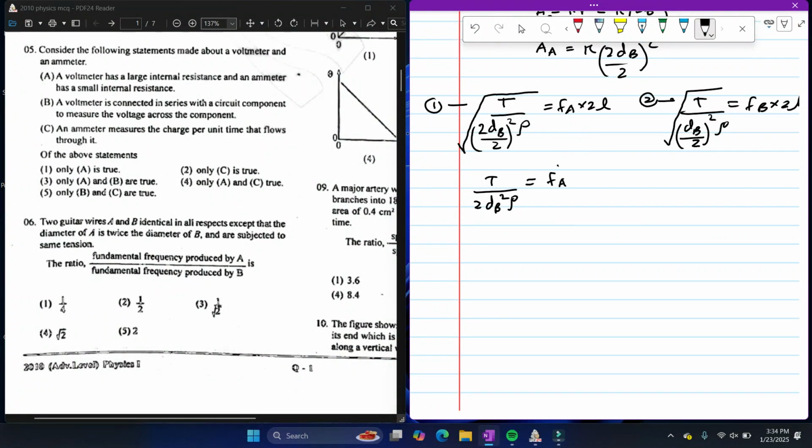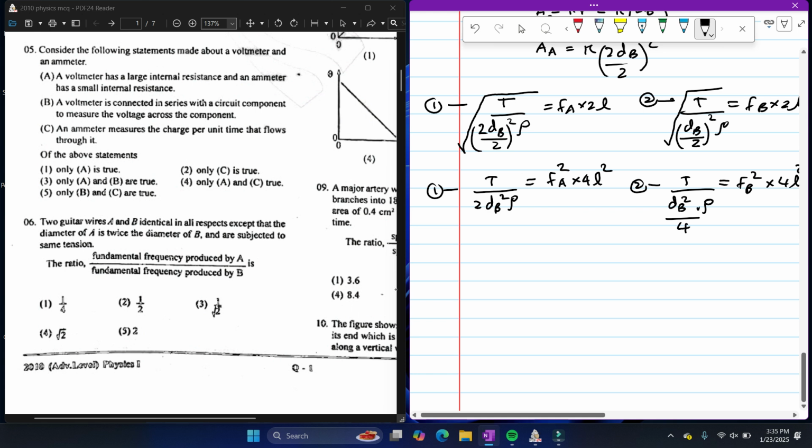Here it will be FA squared into 4L squared. This is equation number 1. Again equation number 2, we'll say it's T, remove the square root, and dB squared divided by 4 into rho, equal to FB squared into 4L squared.